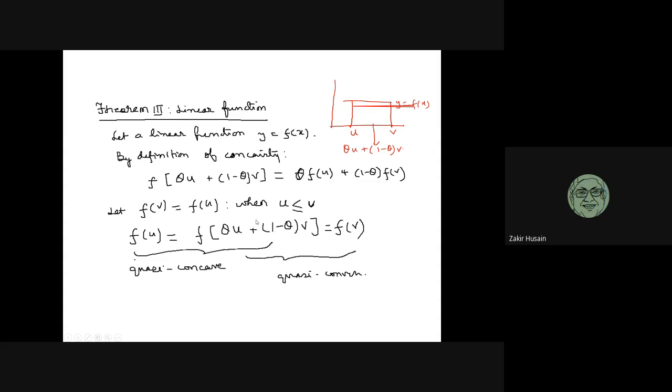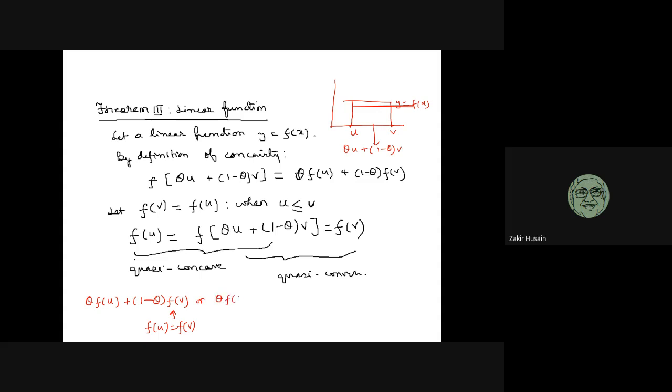So in that case, if we take the functional value of this, see, over here I've just left out one term. If I put in f(u) over here, f(u) is equal to f(v).